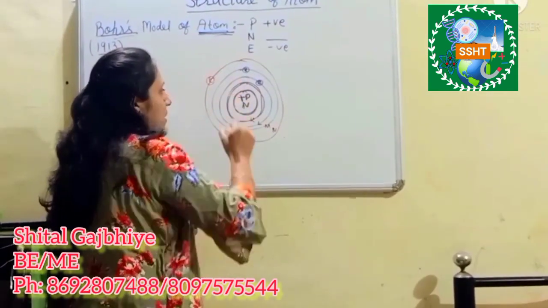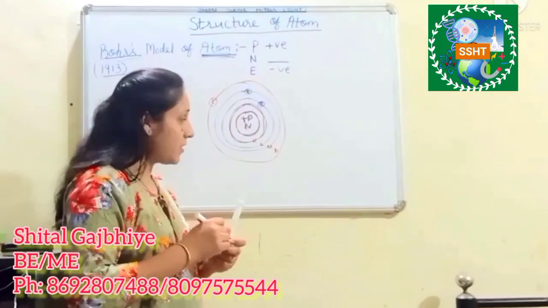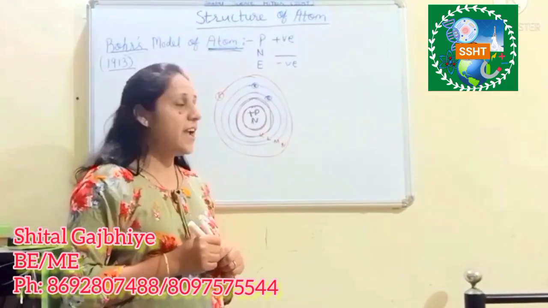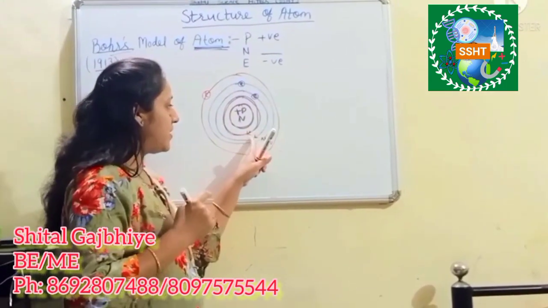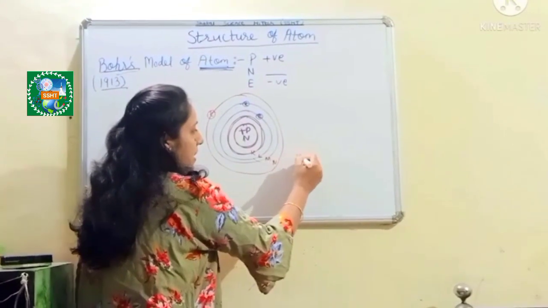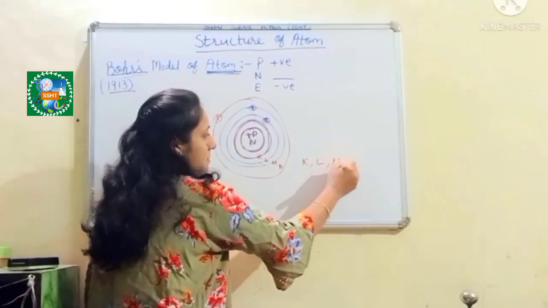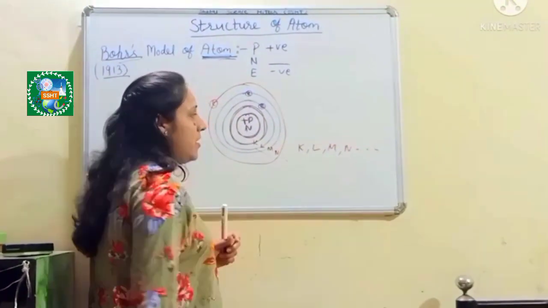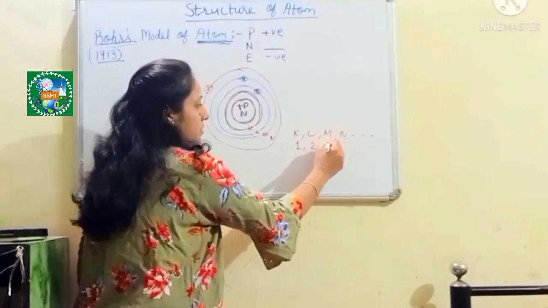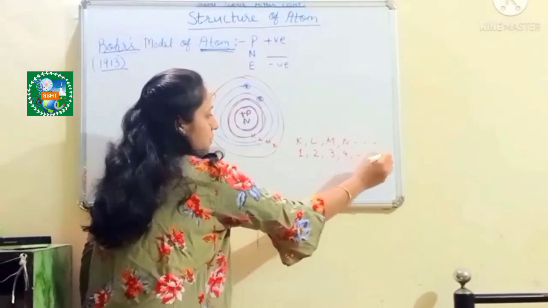Electrons are located in these energy levels. These energy levels are also called orbits or shells. As I told you, they are represented by the letters K, L, M, N and so on. They are also represented by the numbers 1, 2, 3, 4 and so on.